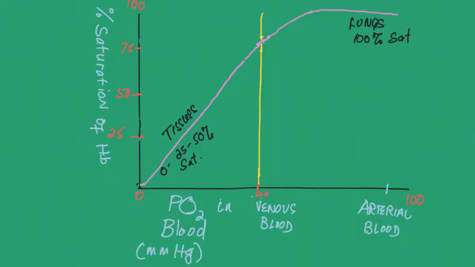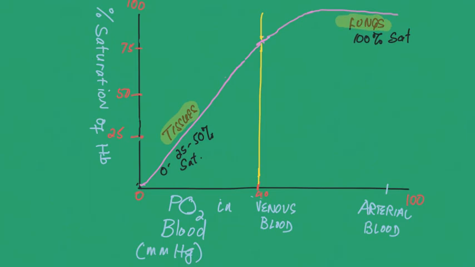Here is a graphical representation of how hemoglobin unloads its oxygen molecules to the tissues and loads up on oxygen molecules in the lungs. In the tissues, hemoglobin releases its oxygen molecules, and so the percent saturation of hemoglobin is quite low. It's between 0 and 50%. The opposite is true for the lungs.